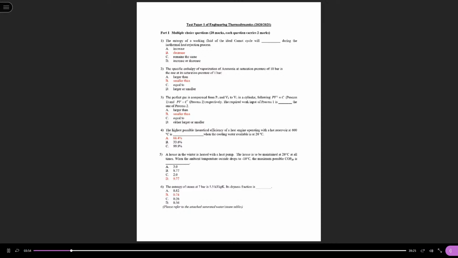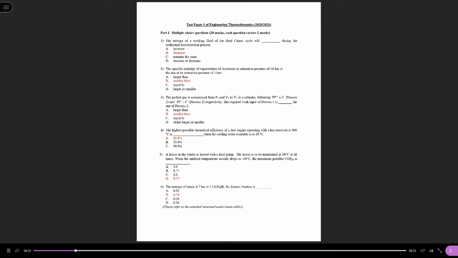Reversed heat engines can be based on the reversed Carnot cycle and the ideal vapor compression refrigeration cycle. Next week, we will learn their actual cycle. Now let's work on our test paper together.